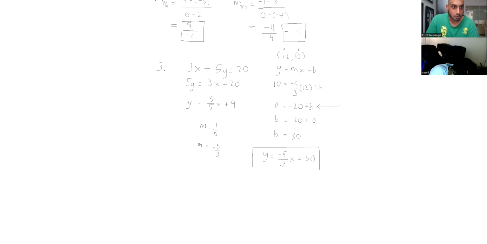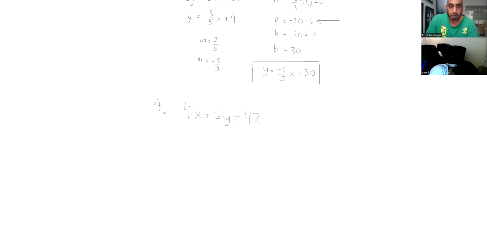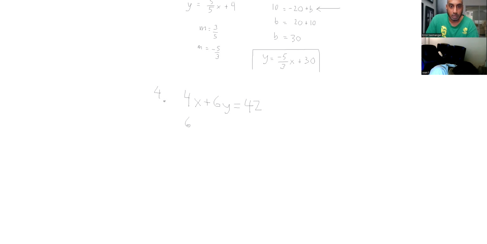So 4x plus 6y equals 42. Now solve this for y. It's going to be 6y equals negative 4x plus 42. Divide everything by 6. So y equals negative 2 over 3x plus 7.